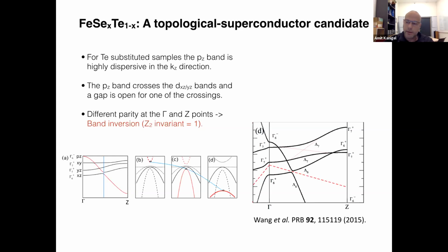And he predicted that there will be a crossing between a very dispersive PZ band and the d orbitals that form the pockets around the gamma point. And one of these bands is supposed to mix with the PZ, and then there will be basically an opposite parity of the valence band at the gamma and the Z points, which is exactly what you expect from a 3D topological insulator or a Z2 topological superconductor insulator.